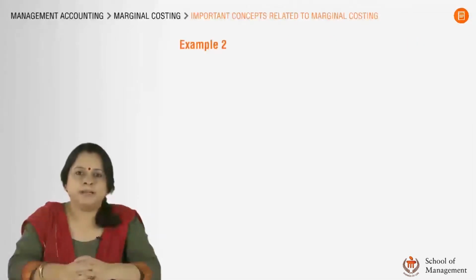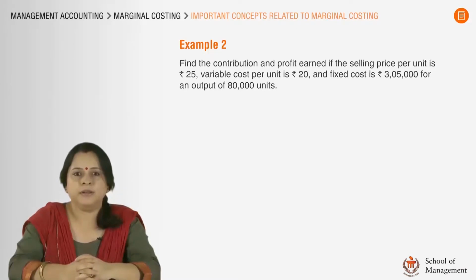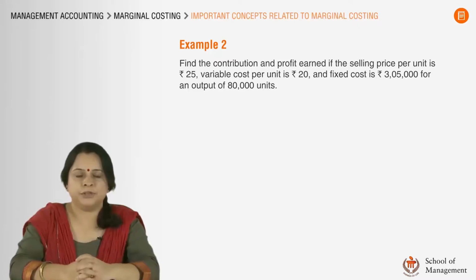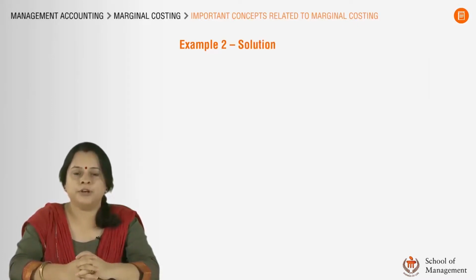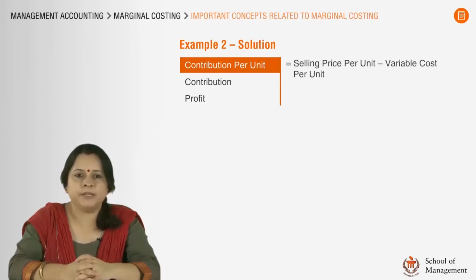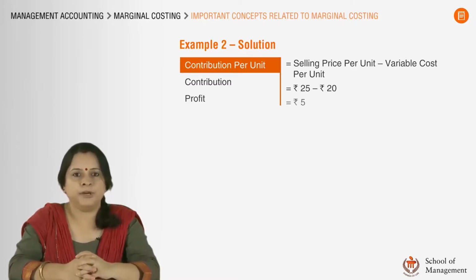Let us start with one example. We have to find the contribution and profit earned if the selling price per unit is Rs 25, variable cost per unit is Rs 20 and fixed cost is 3,05,000 for an output of 80,000 units. We know that contribution per unit is the difference between selling price per unit and variable cost per unit, that is 25 rupees minus 20 rupees or 5 rupees per unit.